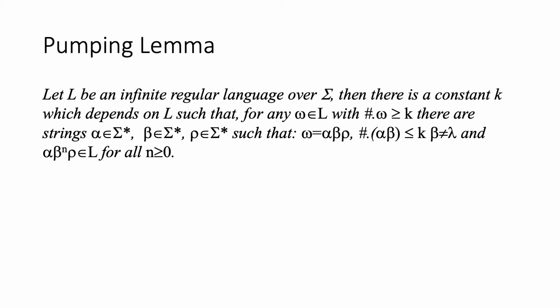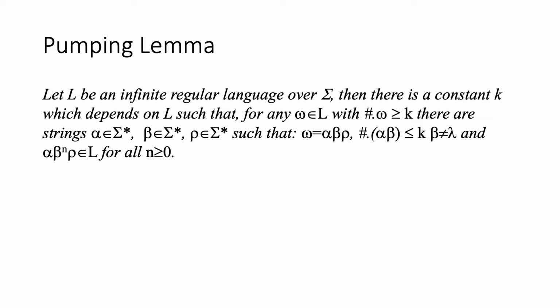The pumping lemma states the following: let L be an infinite regular language over sigma. Then there is a constant k which depends on L, such that for any omega in L whose length is greater than or equal to k, there are strings alpha, beta, and rho in sigma star, such that omega is equal to alpha, beta, rho.